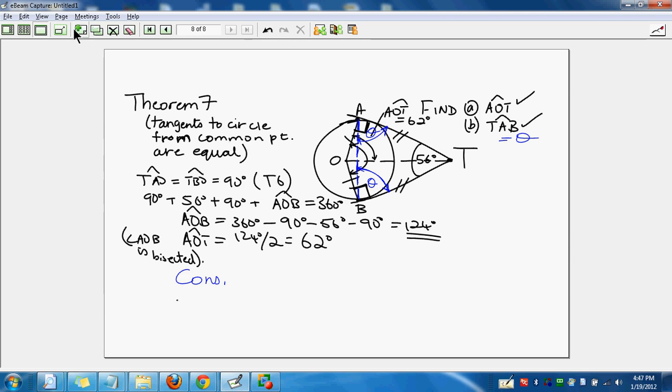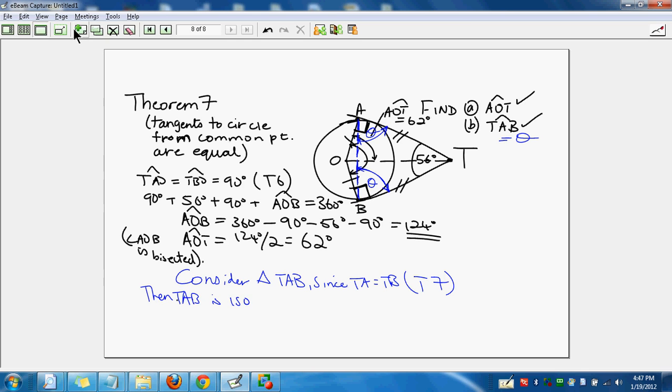the triangle TAB, since TA is equal to TB, and the reason for that is this theorem, which is theorem 7, I'll just put T7, then TAB, that triangle, is isosceles.